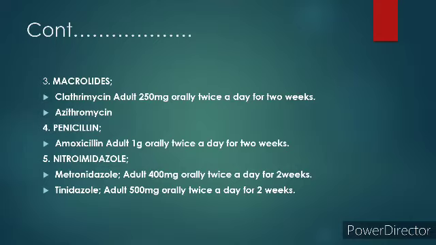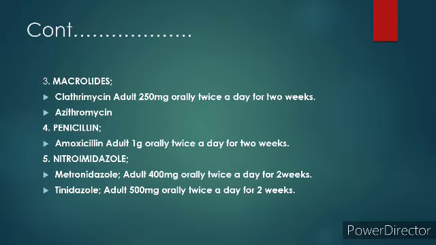There are other macrolides which are used in treating other conditions, but I picked the drugs which are mostly used in the treatment of PUD. The most used one is clarithromycin, where we give 250 milligrams orally twice a day for 2 weeks. Then azithromycin sometimes is also used.